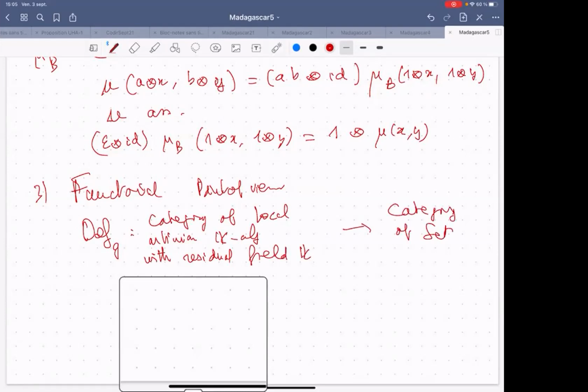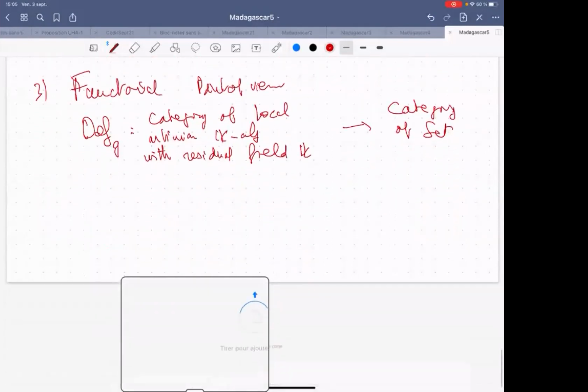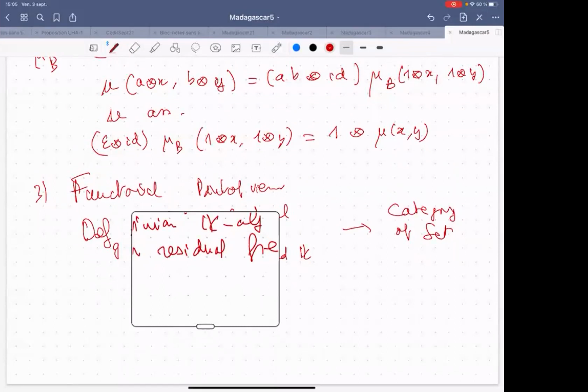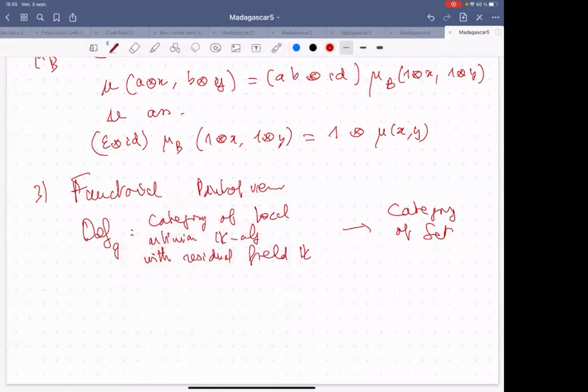In fact, here also you can find some similar results dealing with cohomology.